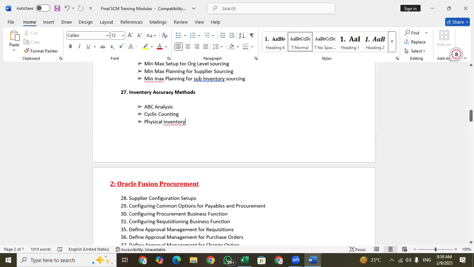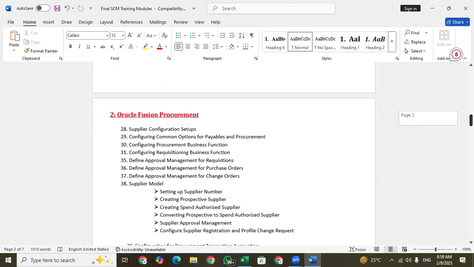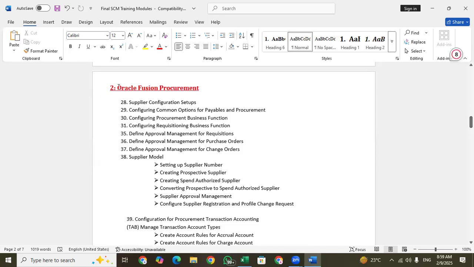Clear, right? Now, yeah. So let's go to procurement. In procurement, all the purchasing related activities come into the picture. It will start with supplier setups, because the business is always purchasing material from a supplier.